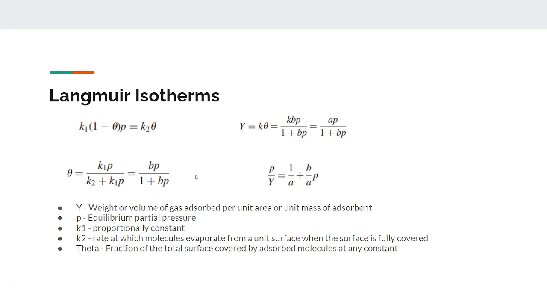It's basically just the fraction of the total surface covered by absorption molecules at any constant. And then K1 and K2 are going to be your constants, but K1 is a proportionality constant, and then K2 is the rate at which molecules evaporate from a unit surface when the surface is fully covered.